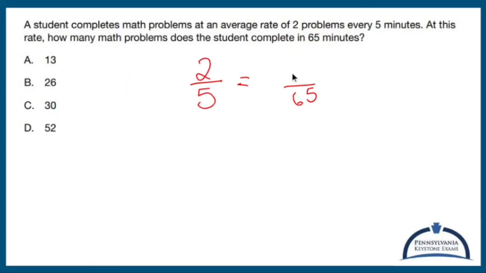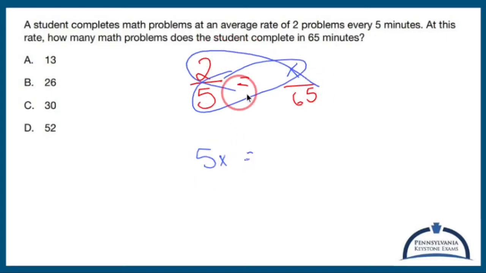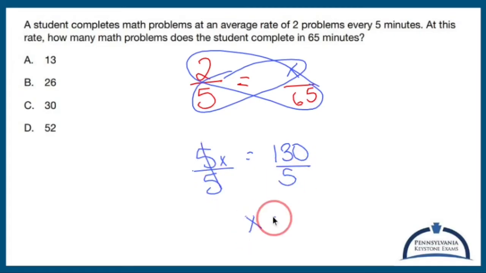And then since this is a proportion, I'm going to do crisscross applesauce. 5 times x is 5x. 2 times 65 is 130, so I'm going to set that equal to 130. Divide by 5, divide by 5, and x is going to equal 26.